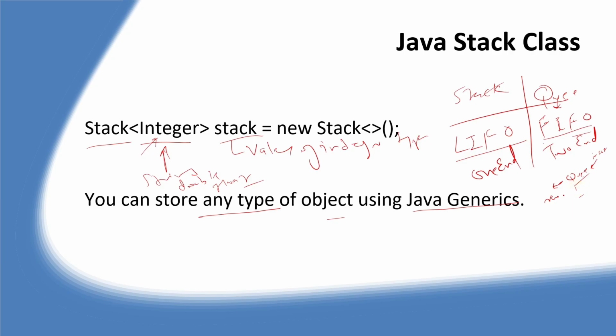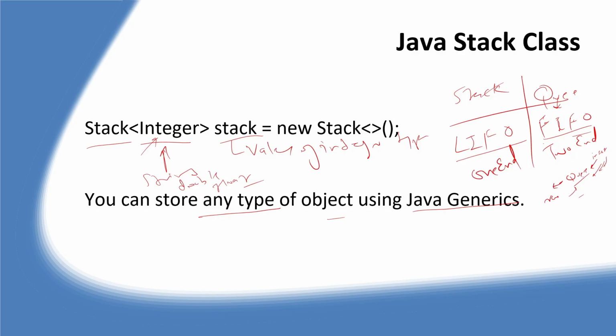If you are in the front line, then you will be served first, and the queue keeps on adding elements. So this is the basic difference between stack and queue. In the DSA topic, data structures and algorithms, we will implement this stack and queue in the coding part, and we'll see how it works in detail in that area.